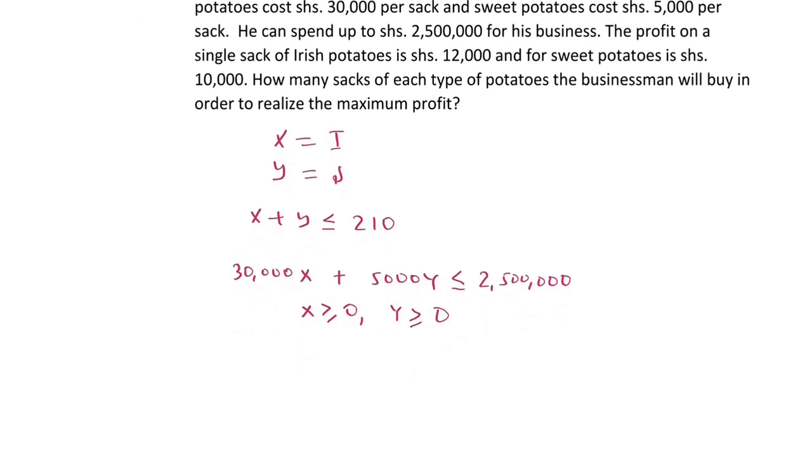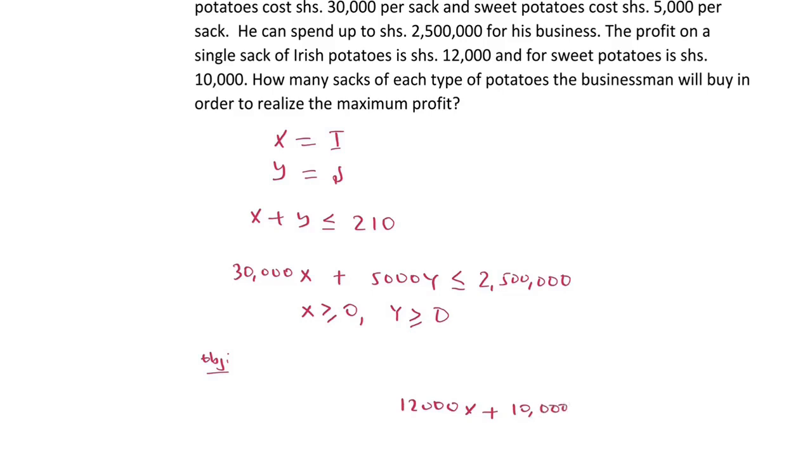So after having all the inequalities, let us now form the objective function. We have been told that 12,000 is the profit per Irish sack and 10,000 per sweet potato sack. The total profit for x and y number of sacks is going to be 12,000 x plus 10,000 y.